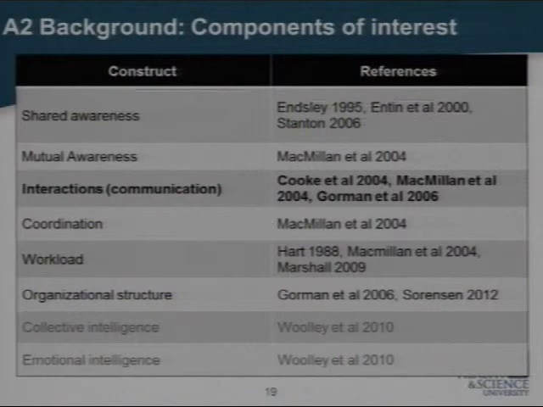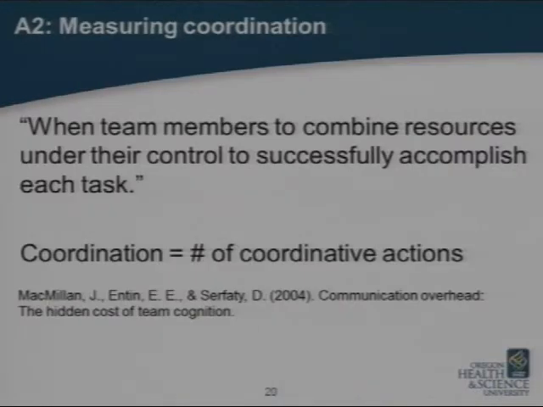So in terms of actual measurements, the constructs that I want to focus on are shared awareness, mutual awareness, interactions, coordination, and workload. The way I plan to measure coordination is in terms of the number of coordinated tasks, or the number of times participants within a simulation share resources.